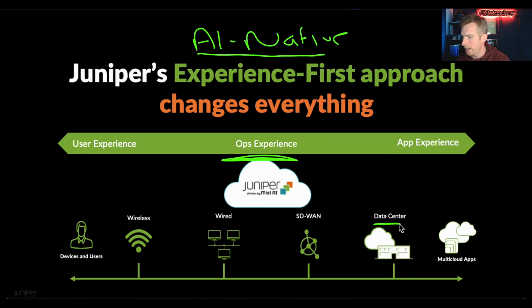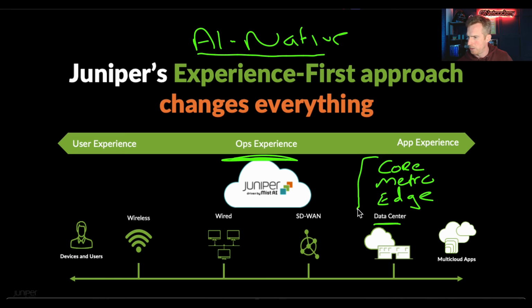But not only has it extended via the AI native platform the AI operations into the data center, it's also done it to the core, metro, and edge routers as well. It's not an area that typically I'm involved in, to be honest, but obviously there are different MX, PTX, ACX routers from Juniper Networks that reside within here. And all of the telemetry and data that you get out of these routers for all these different types of networking is now going to get sent into Juniper Networks' Mist platform.